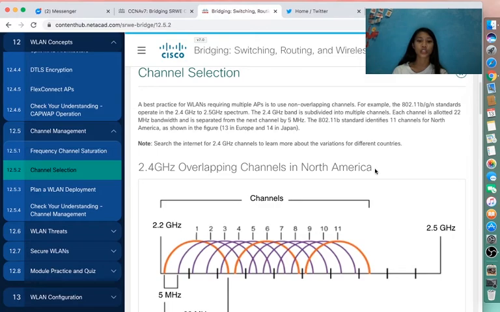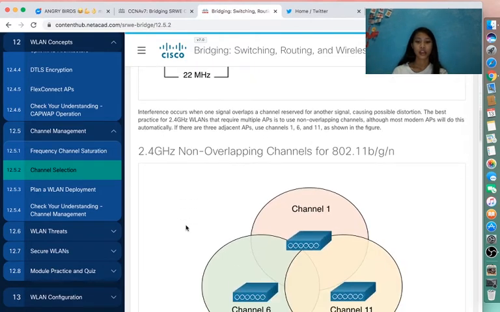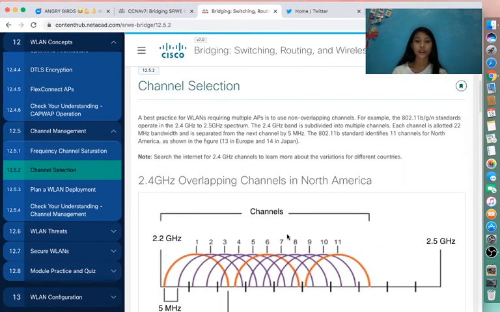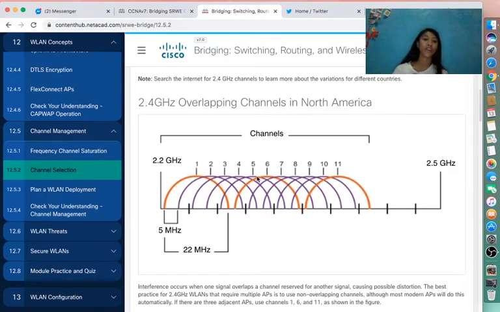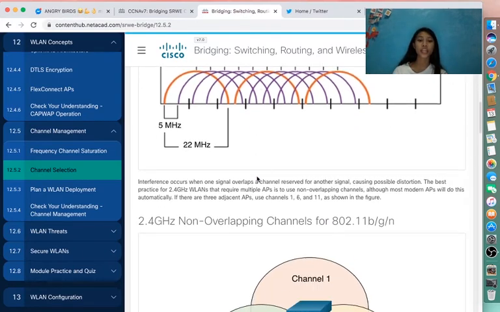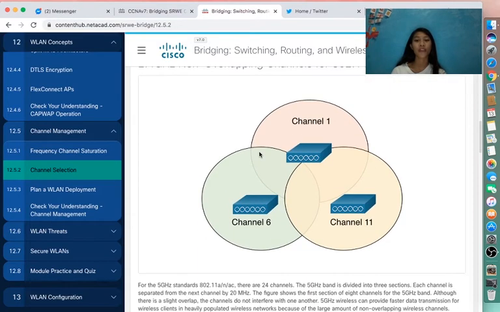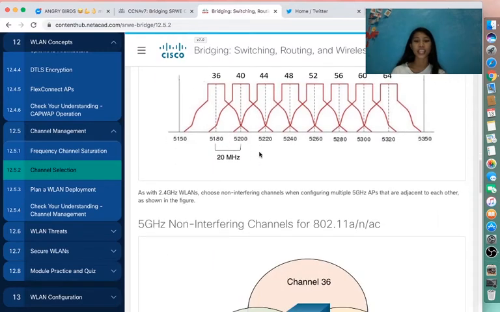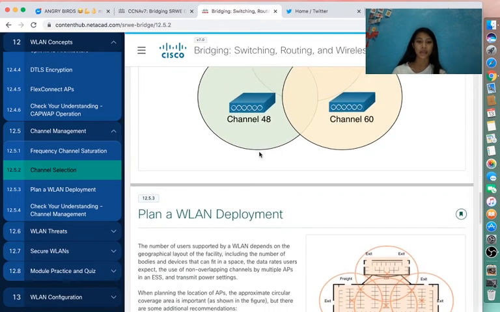Channel selection. We have different types of channel selection: overlapping channels in North America, non-overlapping channels for 802.11 b/g/n, our first 8 non-interfering channels, and non-interfering channels for 802.11a and AC.